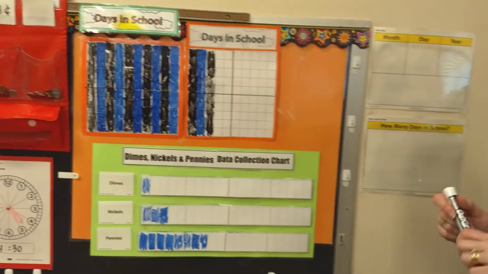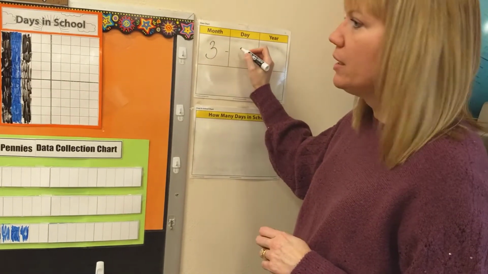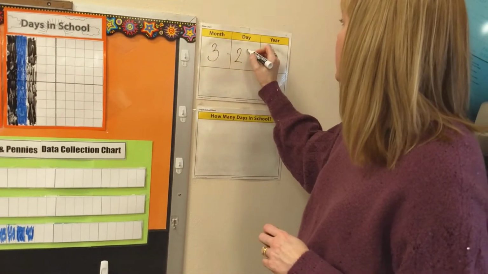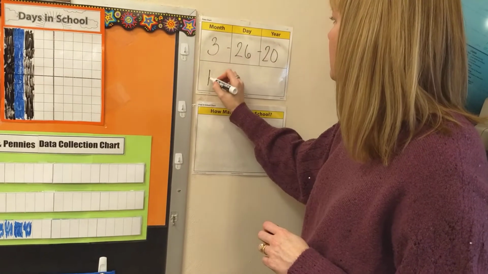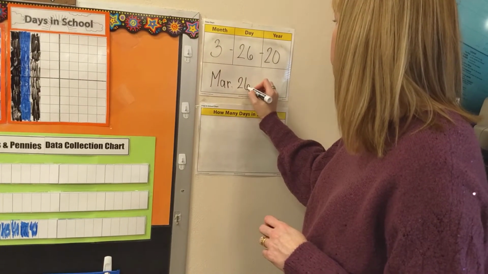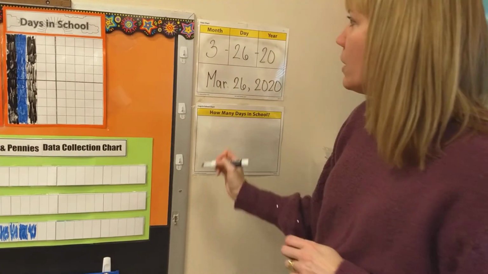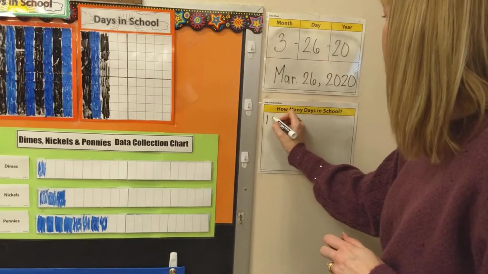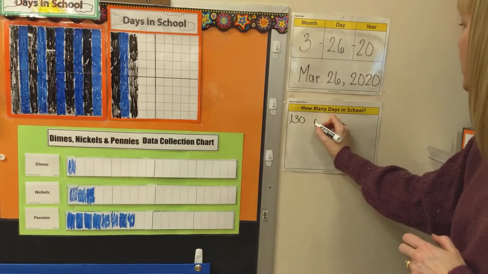All right, coming to my chart, we know that it is the 3rd month, and it is the 26th day of the year 2020. So I can also write that with the abbreviation. And if I write my number for today, we are at 130.